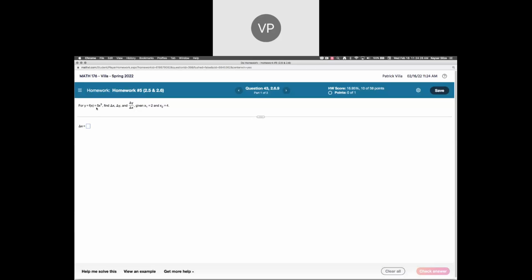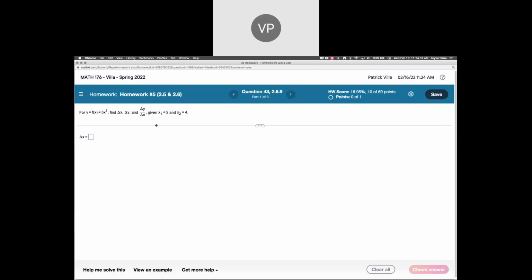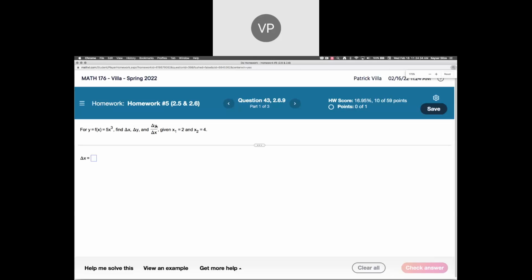You have a function, f of x equals 5x to the third. Let me make this a little bit larger for you. Call it either y equals 5x to the third or f of x equals 5x to the third. Either way is good. Now we want to find delta x.